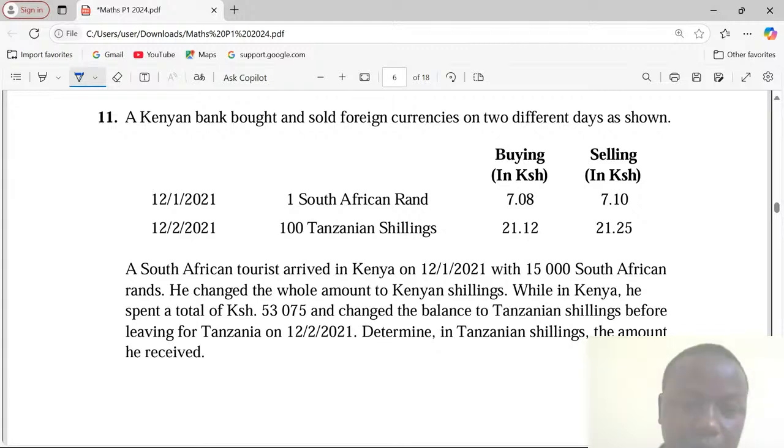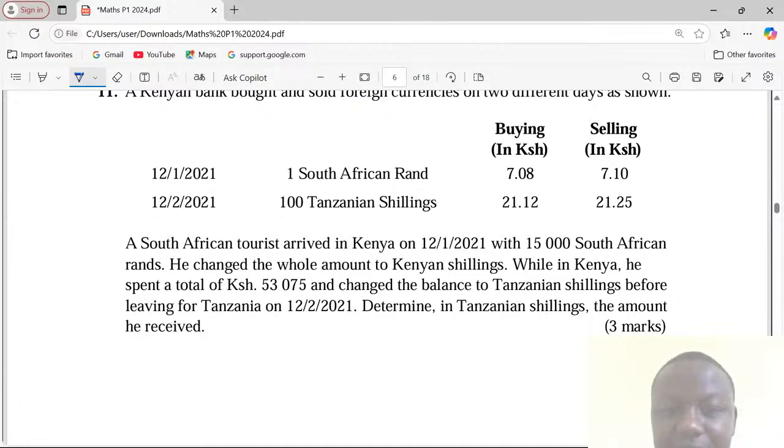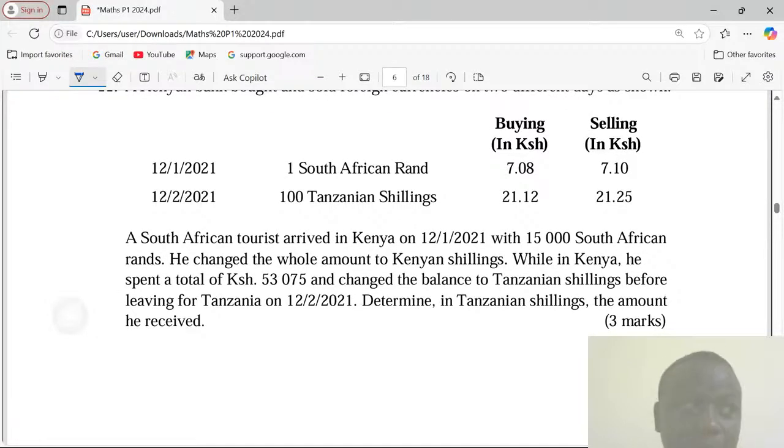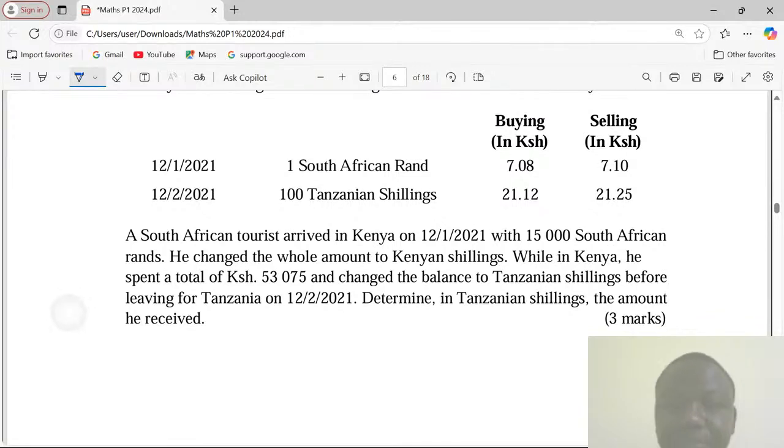So we can see on 12th January 2021, 1 South African rand was being sold at 7.10 after being bought at 7.0. Then on 12th February 2021, 100 Tanzanian shillings were being bought at 21.12 and being sold at 21.25.